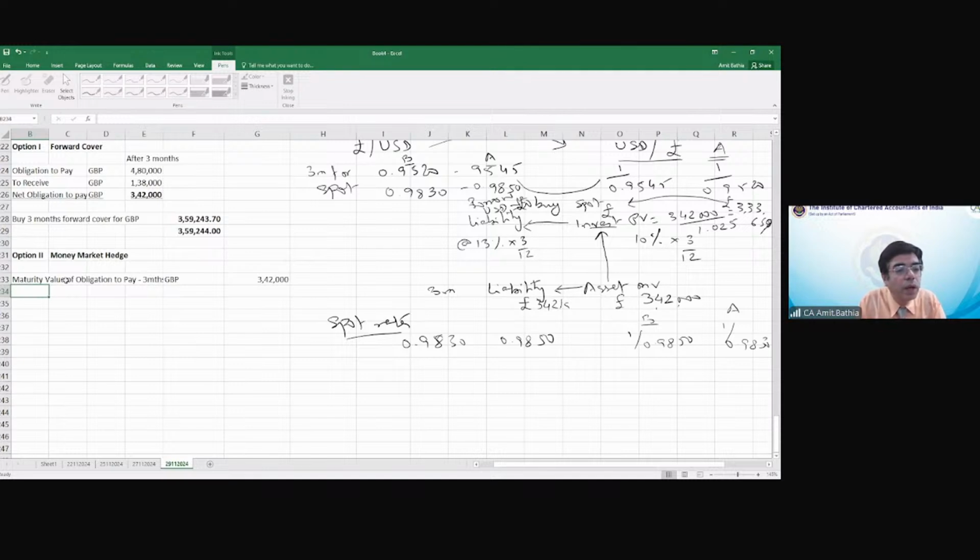So if I want to invest in GBP at 10% today, what will be the value I have to invest today? That will be 342 divided by 1 plus 10% divided by 4.